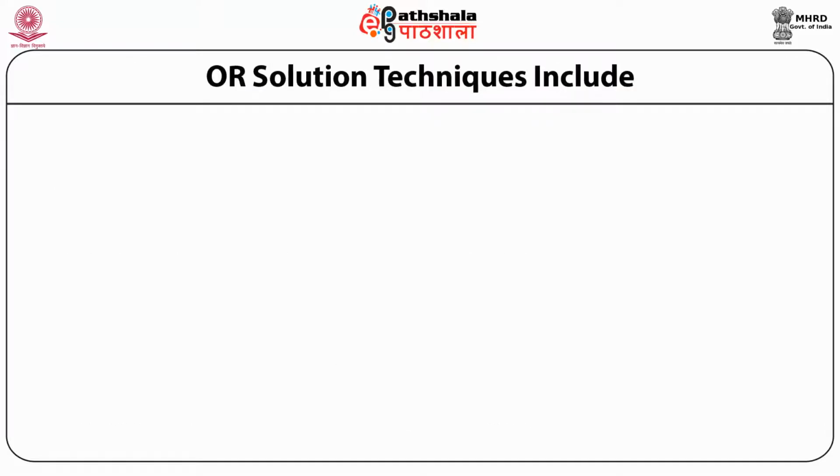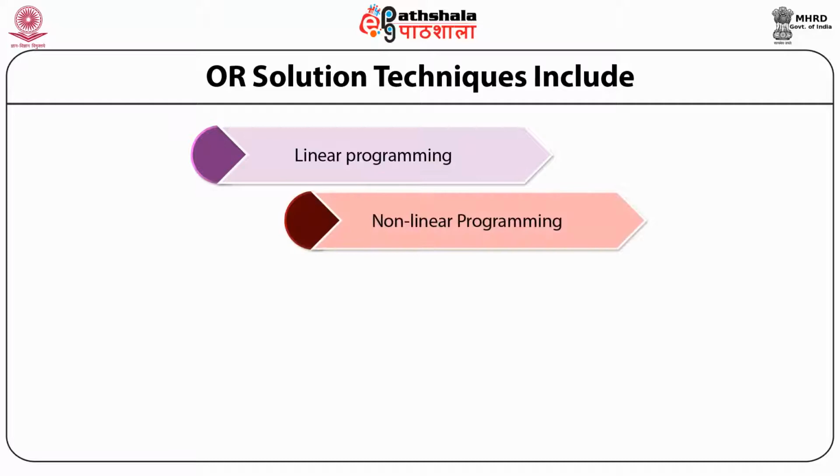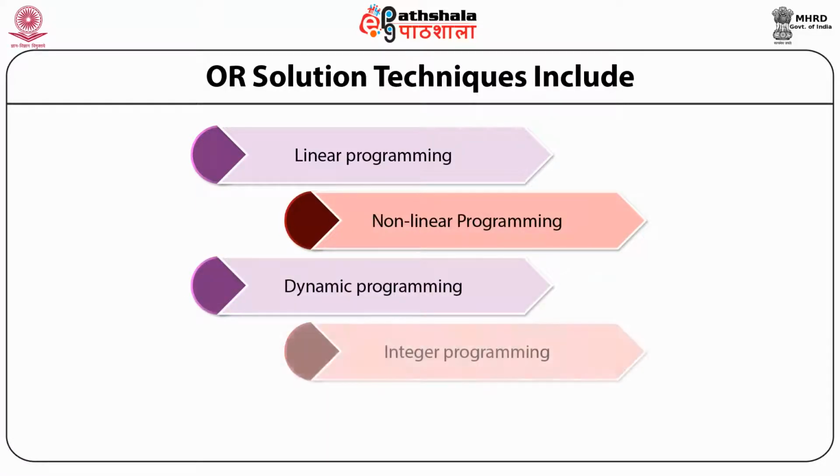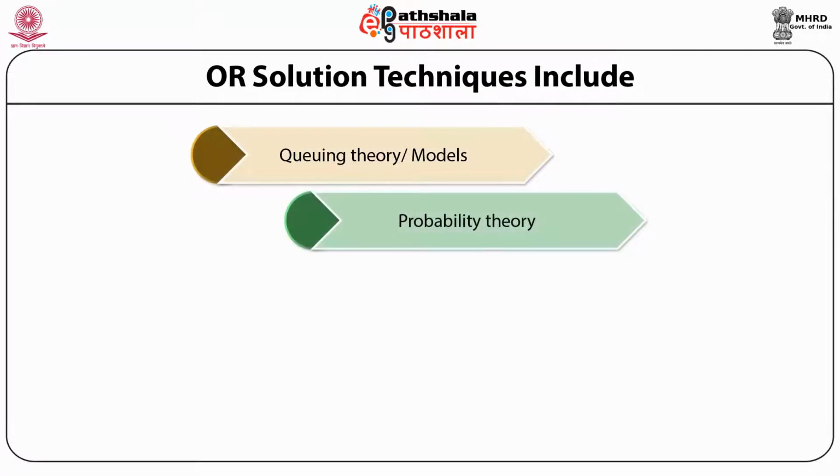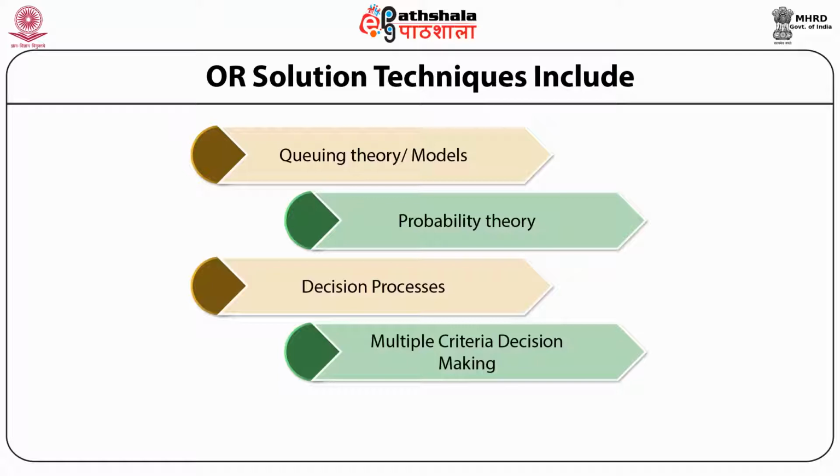Some of the OR solution techniques include linear programming, non-linear programming, dynamic programming, integer programming, network analysis, queuing theory or queuing models, probability theory, decision processes, multiple criteria decision making, and general simulation.